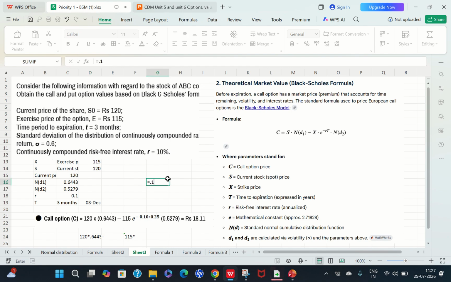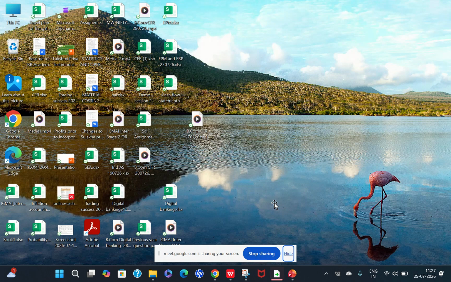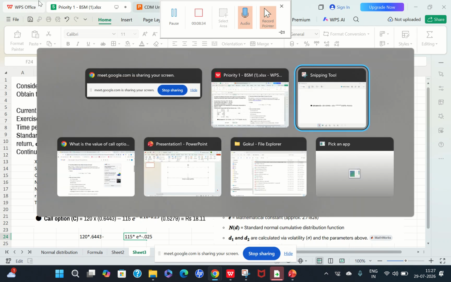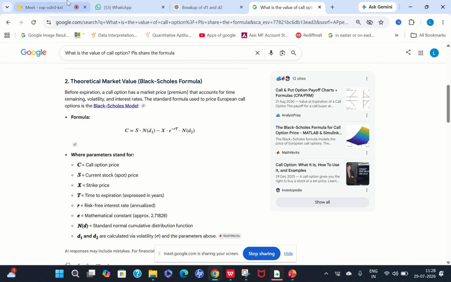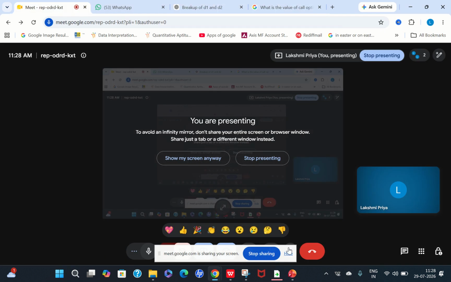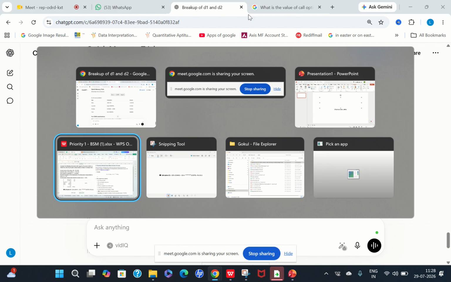Of 0.025. Since I don't have the power key, I'm just putting it like this: minus 0.25, 0.025. Hope you are able to understand.